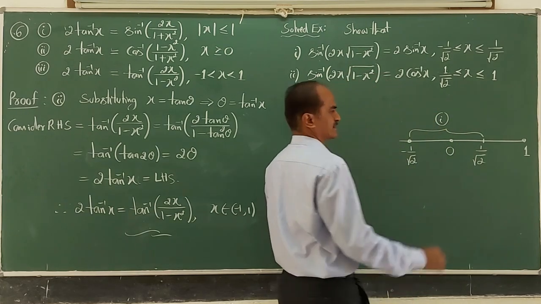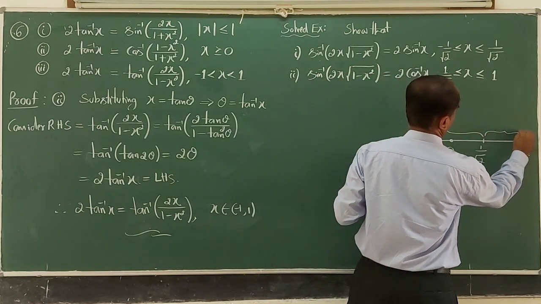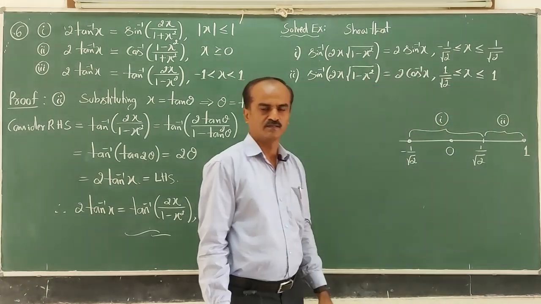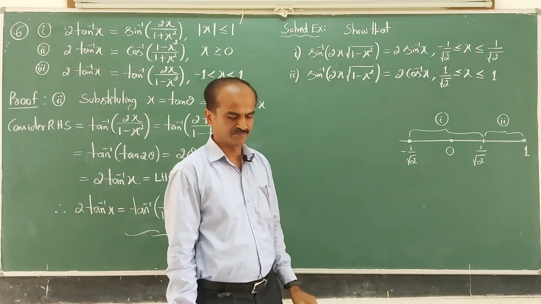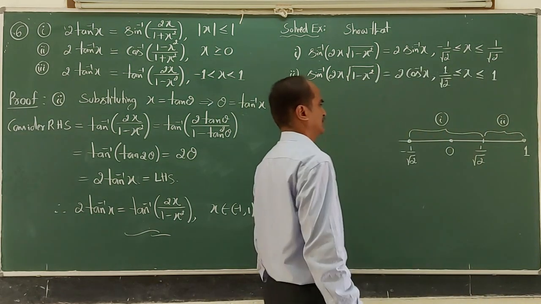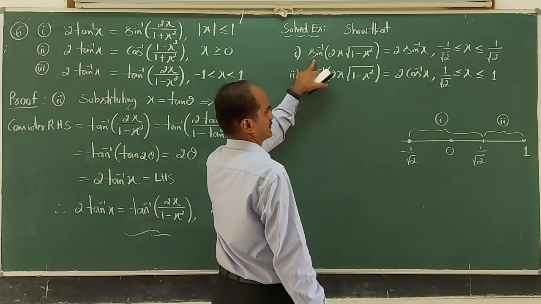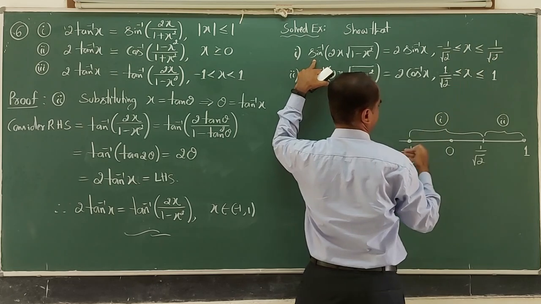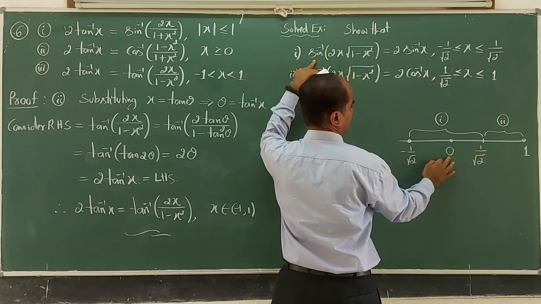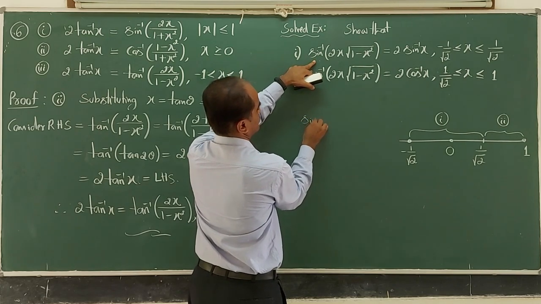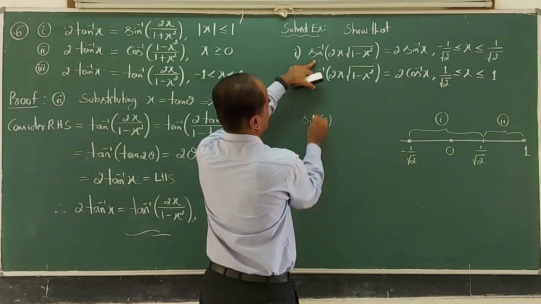The second result is true only in this interval. They are not one and the same. Let us test. Now for this, let me take one of the real numbers in this interval. Let me take 0, substitute here. What do I get? LHS, sine inverse of 0.